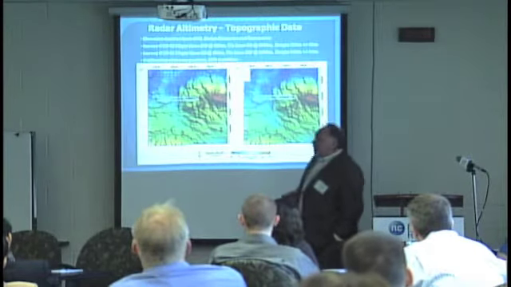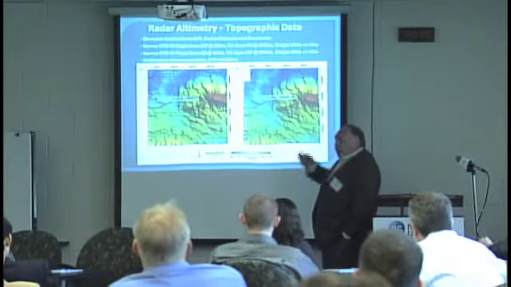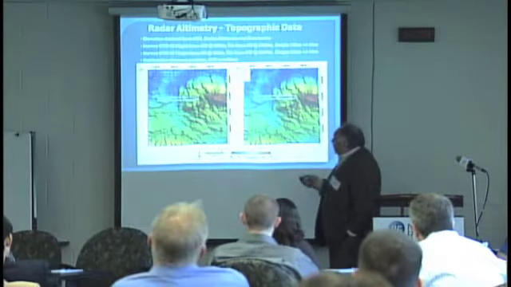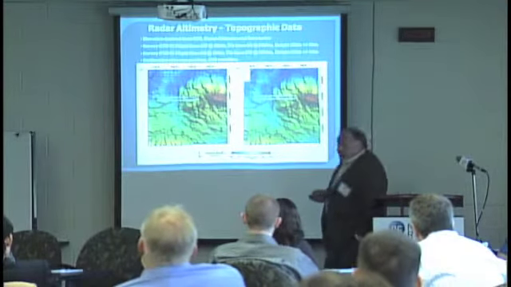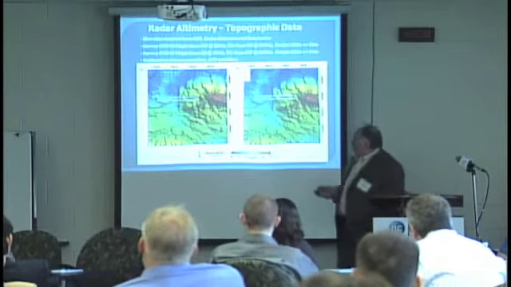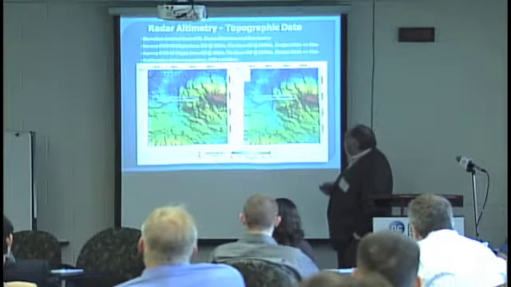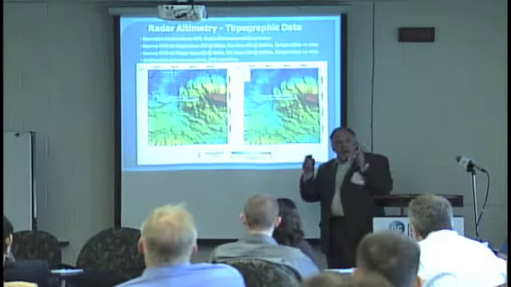So let's look at some radar altimetry data from southern Alberta. What is interesting about this one is that this data was collected in 1992 and 1997, and we had a series of flight lines and tie lines. Geophysicists like to have grids.